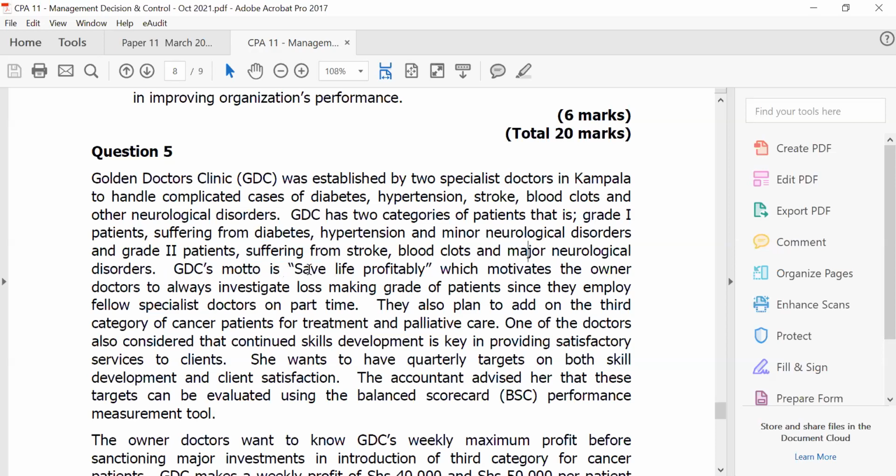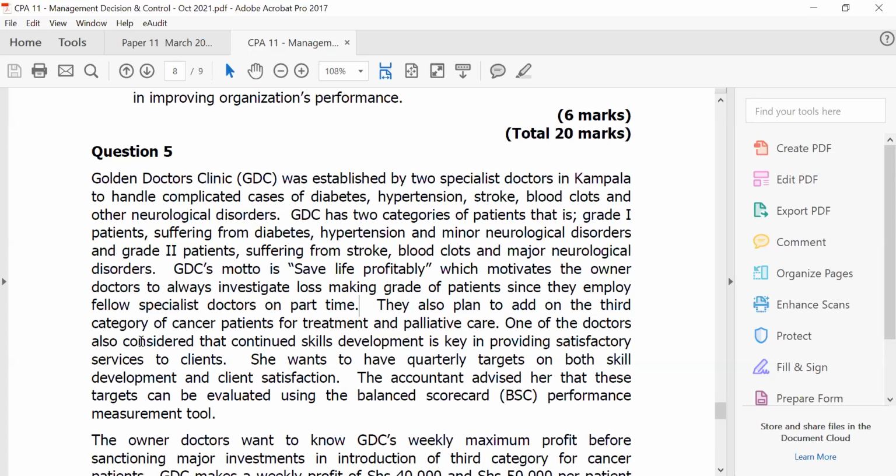GDC's motto is to save life profitably, which motivates the owner doctors to always investigate the loss-making grade of patients, since they employ fellow specialist doctors on part-time. They also plan to add a third category of cancer patients for treatment and palliative care.